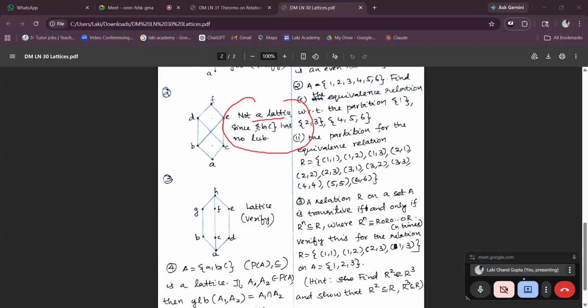And they give the reason, what? Since B, C has no least upper bound. So can you tell me what is the upper bound of B, C?